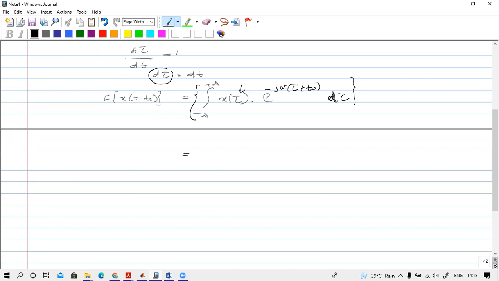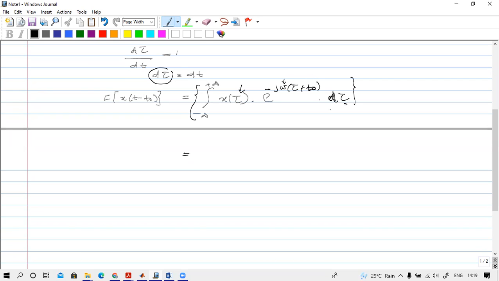So this omega is also a variable, but we take this with respect to tau. So now we can consider this omega as a constant, and we have this t naught, which is definitely a constant.